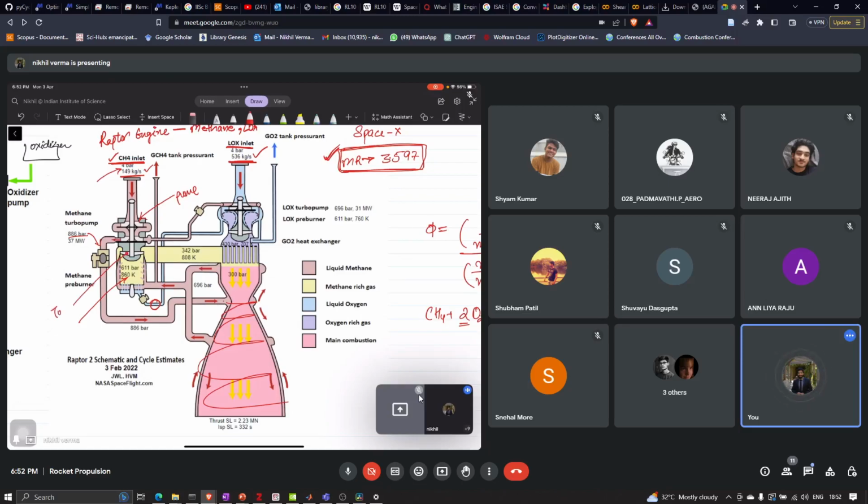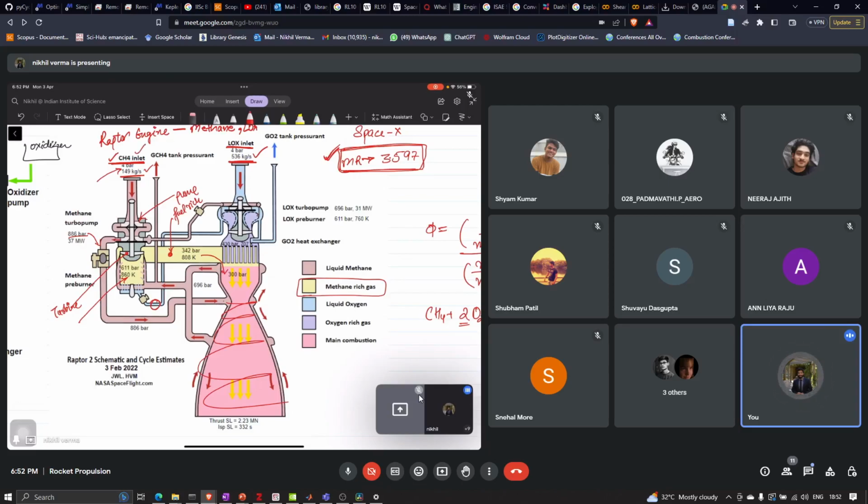After that this mixture is usually fuel rich. So this methane-rich gas is fed to the combustion chamber.